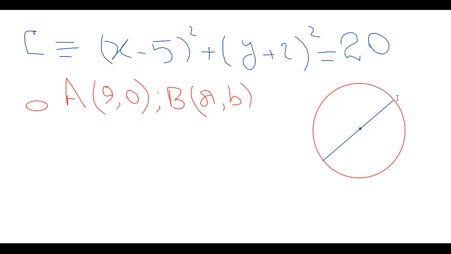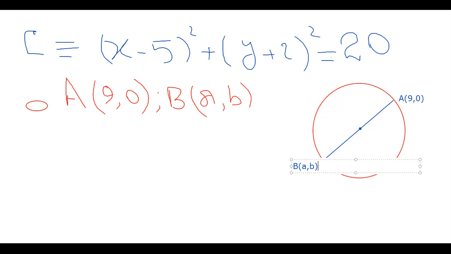If I am going to write this point, that is capital A, it should be 9, 0. And if I write this point as B, that is the B point, it has a and b.